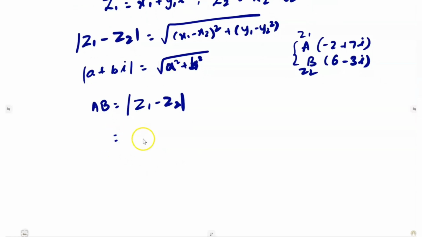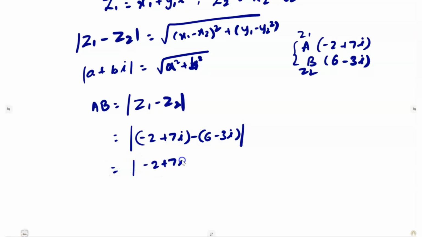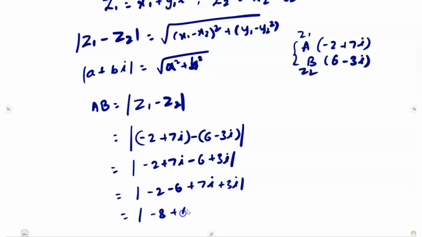First of all let us subtract these two things, z1 minus z2, which is -2 plus 7i minus (6 minus 3i). Let's subtract that and write it as -2 plus 7i, if I open the bracket, minus 6 plus 3i, which I can write as -2 minus 6 together and imaginary parts together 7i plus 3i, which is -8 plus 10i.